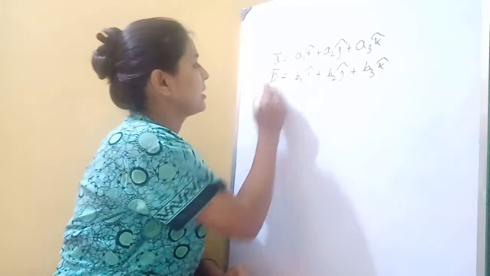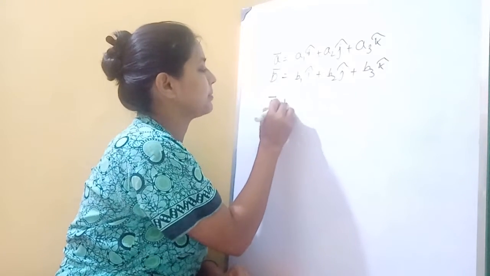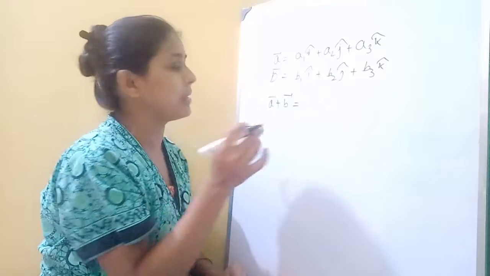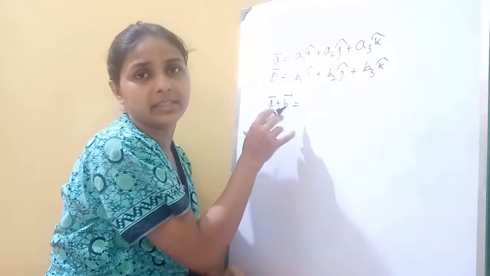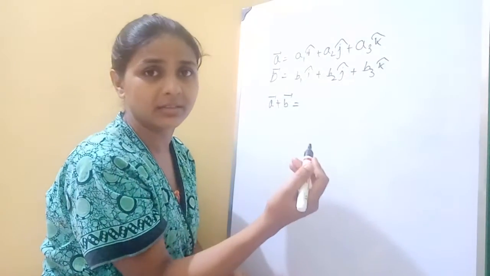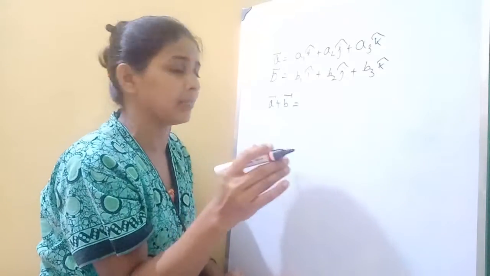So A plus B vector is equal to, please don't miss giving the vector sign. Without the vector sign, that will be taken as a scalar, and that will create a problem.